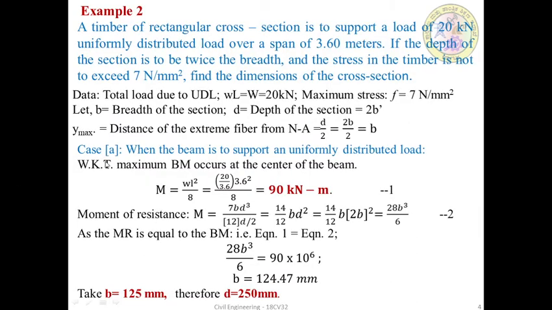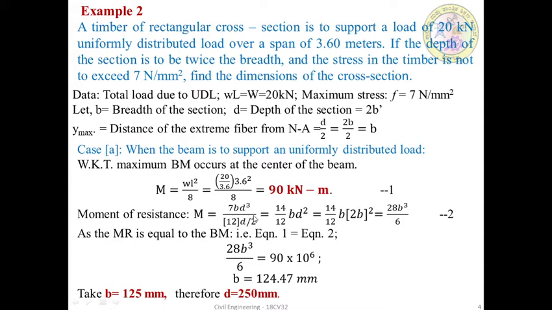For the first case, we know that the maximum bending moment occurs at the center of the beam and is given by the equation WL square by 8. After substituting the UDL and the length, we get the bending moment as 90 kilonewton meter, and the moment of resistance is given by the equation f into Z. The Z is equal to I divided by y maximum, so I is equal to bd cube by 12.